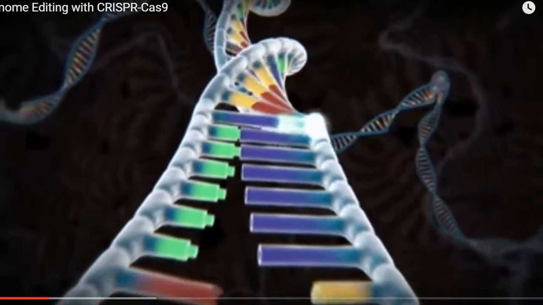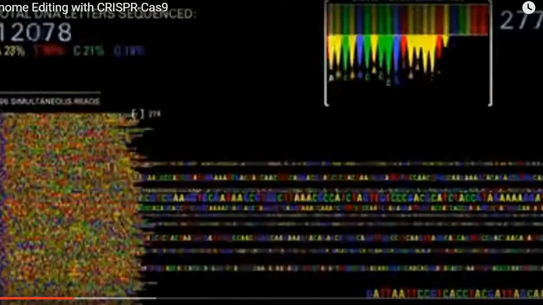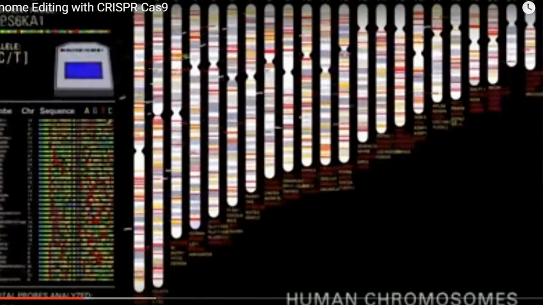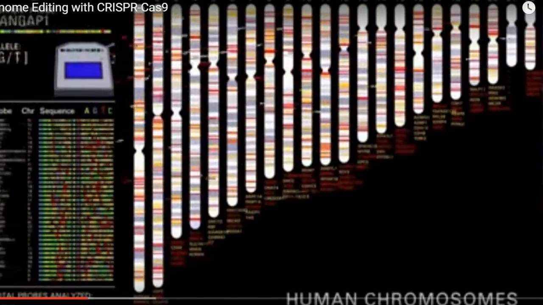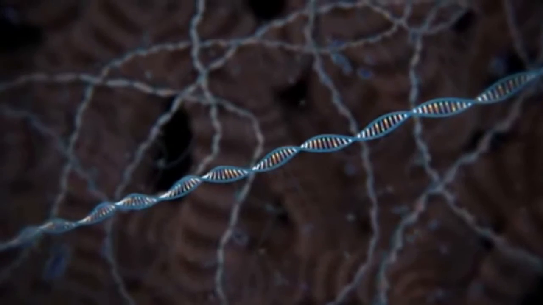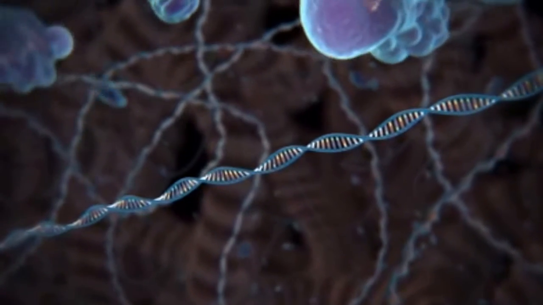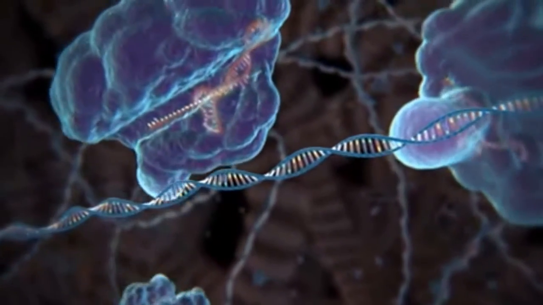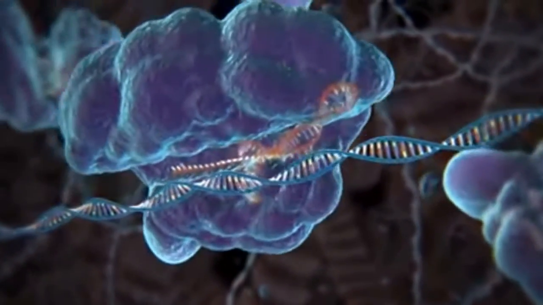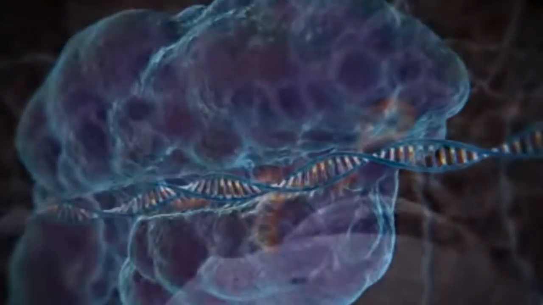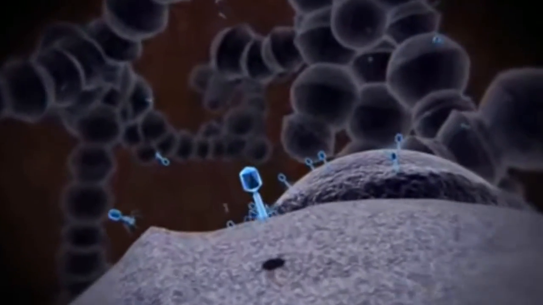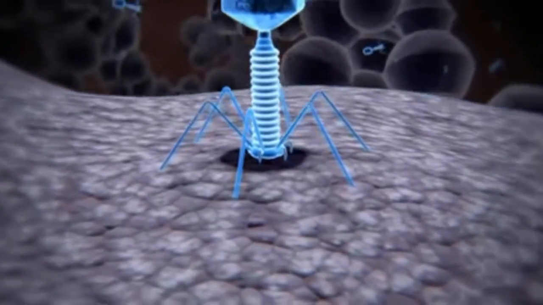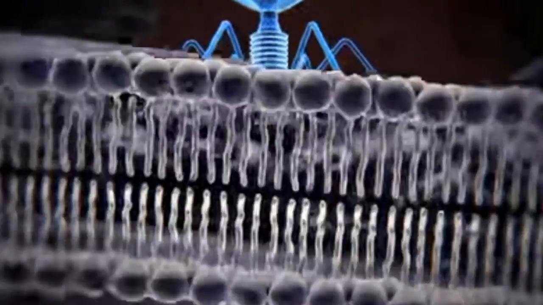And there really are only a handful of techniques that are used, and so it's not so difficult to talk about how they work. GlaxoSmithKline has a drug called GSK2696273, which is a gene therapy. It uses a viral vector to insert working copies of the ADA gene into bone marrow stem cells.